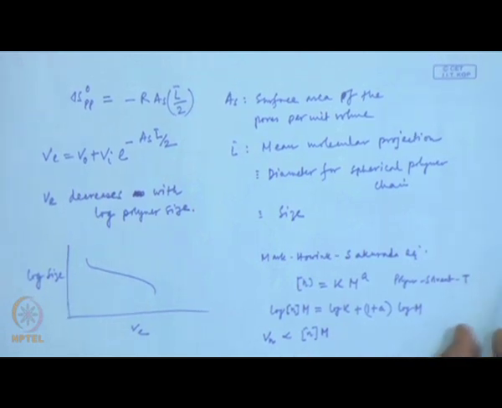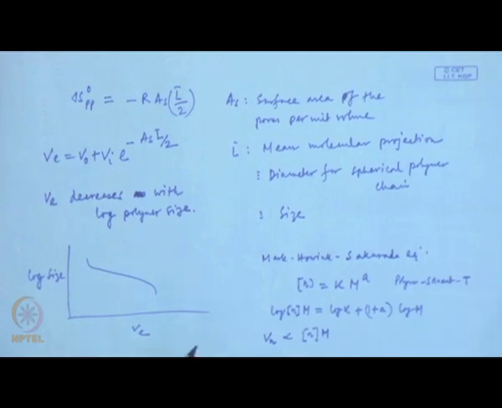Hence, we can expect from this relation and whatever we have seen here, that if K and a remain constant, log M should linearly decrease with elution volume, V_E.